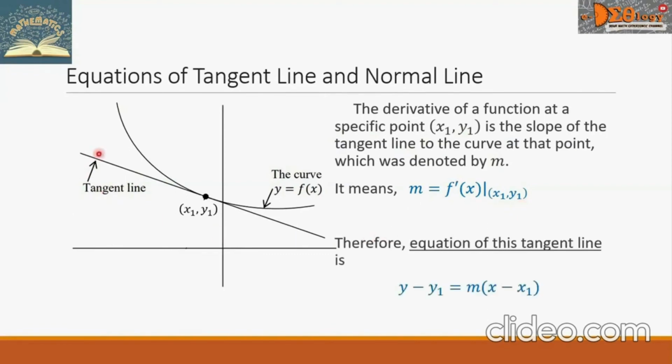Therefore, for this tangent line, the equation is y minus y sub 1 equals m times the quantity x minus x sub 1.